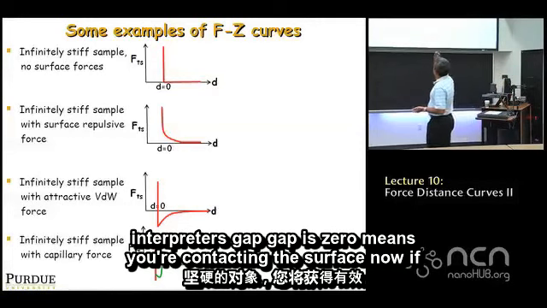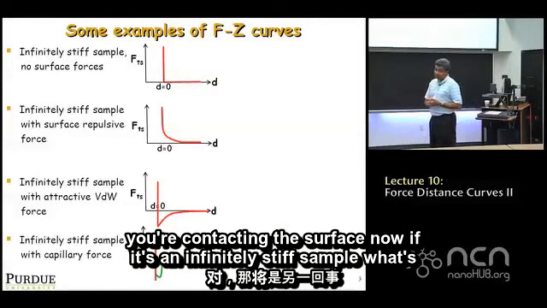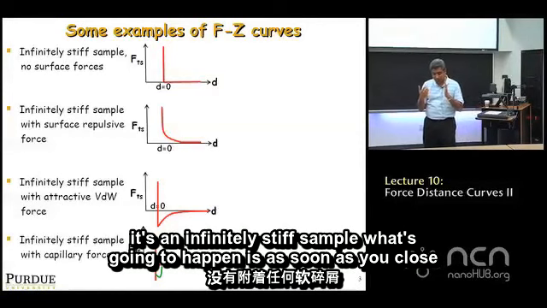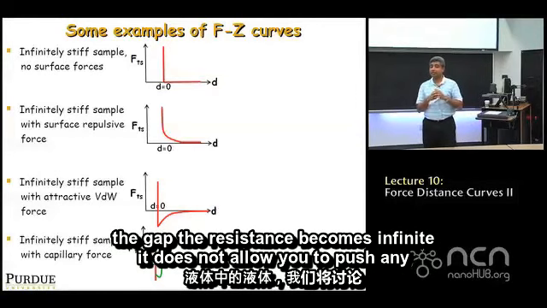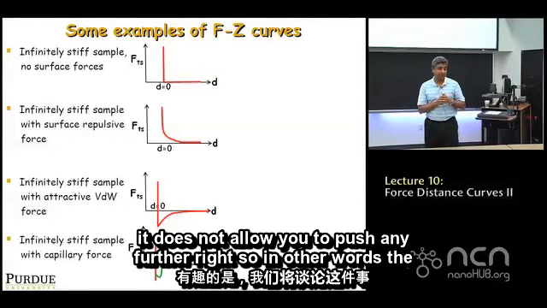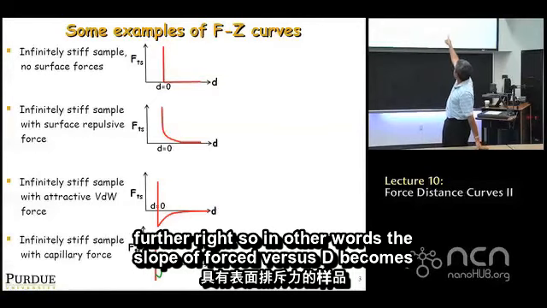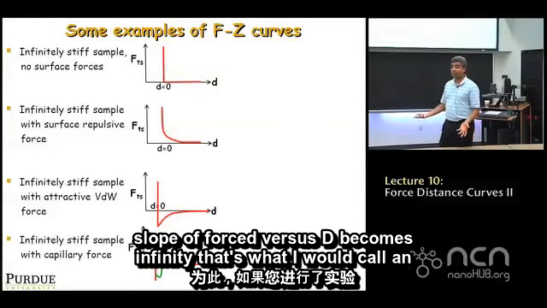Now, if it's an infinitely stiff sample, as soon as you close the gap, the resistance becomes infinite. It does not allow you to push any further, right? So in other words, the slope of force versus D becomes infinity. That's what I would call an infinitely stiff spring.